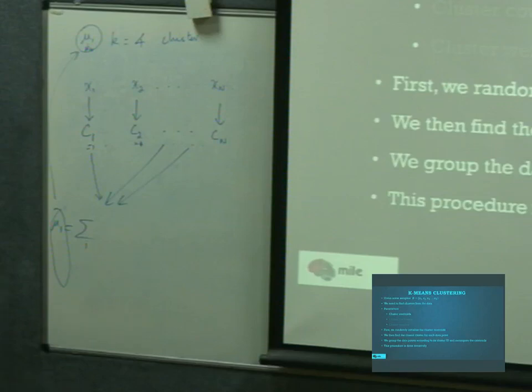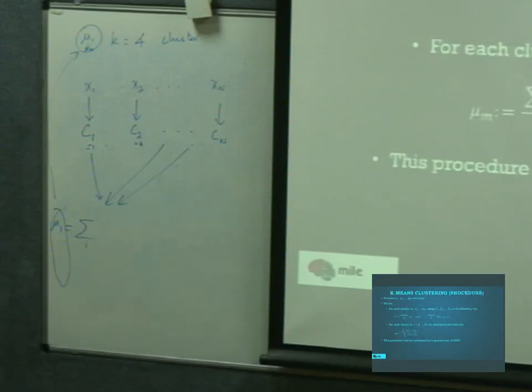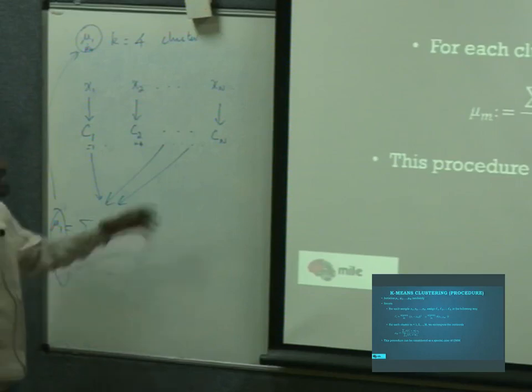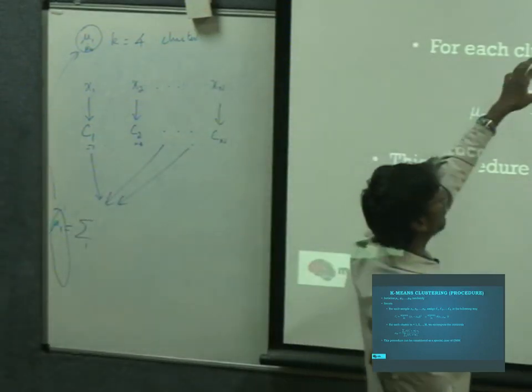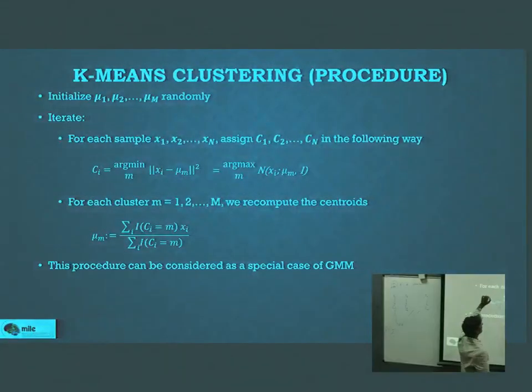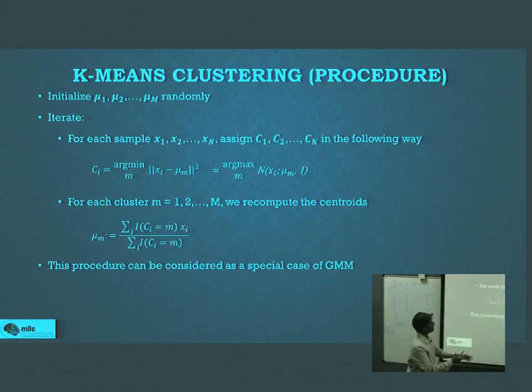This will converge to some solution, and mathematically it is explained in this form. You iterate over these 2 steps: for each sample, get the closest cluster ID, and for each cluster, compute the mean of the vectors which belong to that cluster. That's what this indicator function I is.